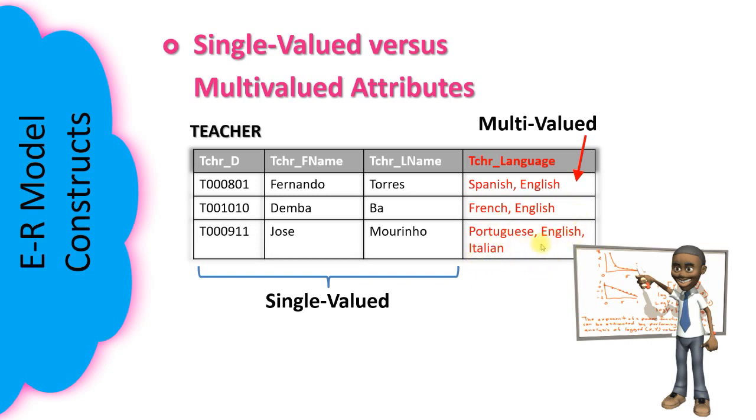So bear in mind that a multi-valued attribute is a problem that must be resolved. How to resolve it? You may see it from the next slide.